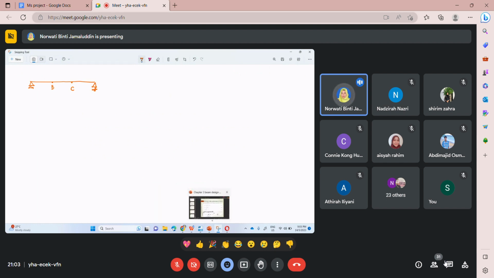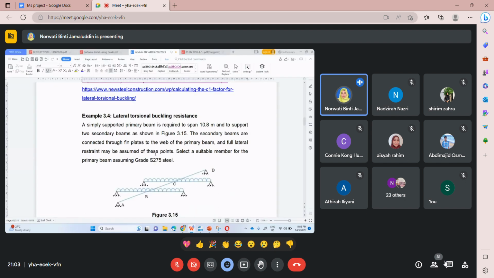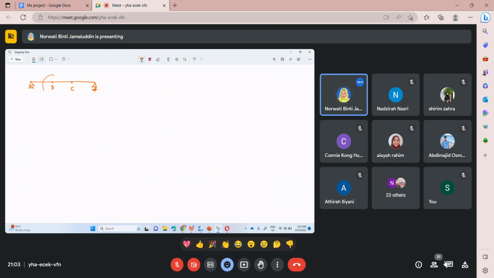Okay, the secondary beams are connected through fin plate to the web of the primary beam, normally. What does that mean? This is the main beam, and then you have a secondary beam.